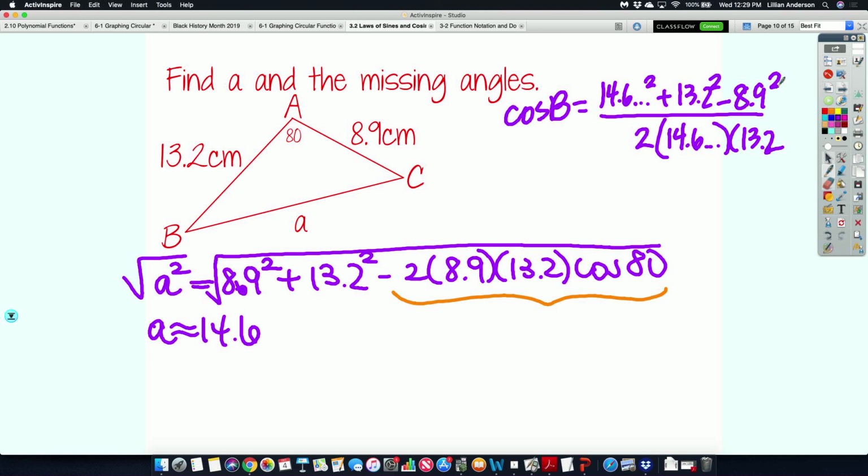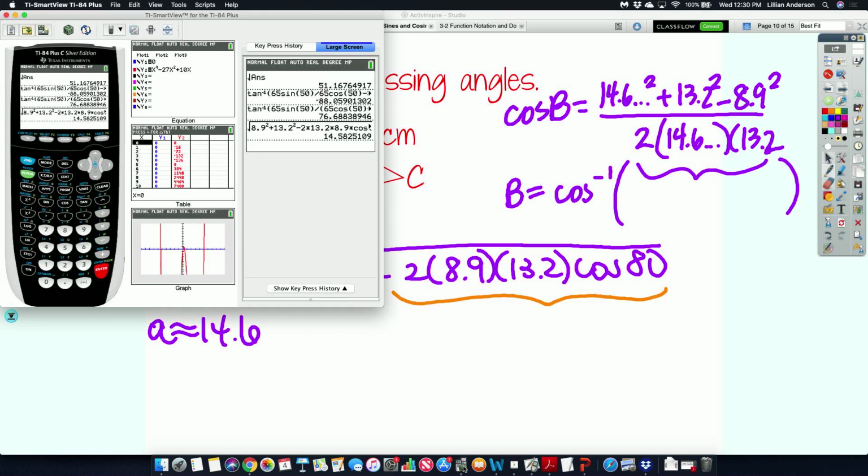And because I'm looking for an angle, once I figure out what that fraction is, I need to do what to find the angle? I do the inverse. So I need to take the cosine inverse of this entire lot. When I go on my calculator, I am going to do it all in one line. You don't have to.